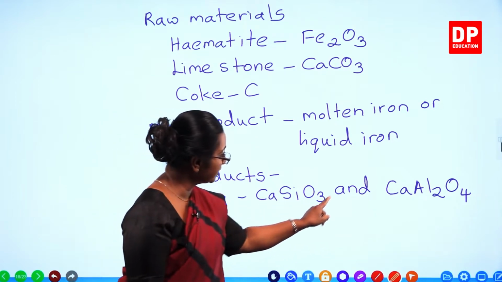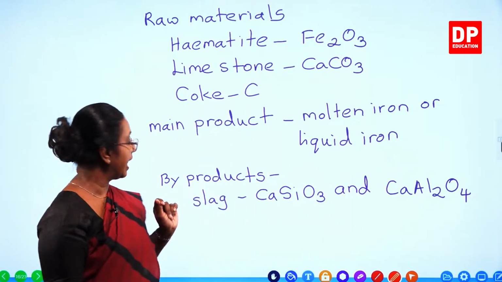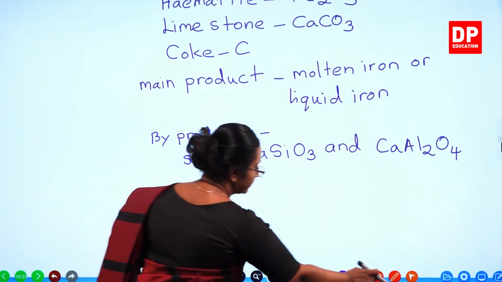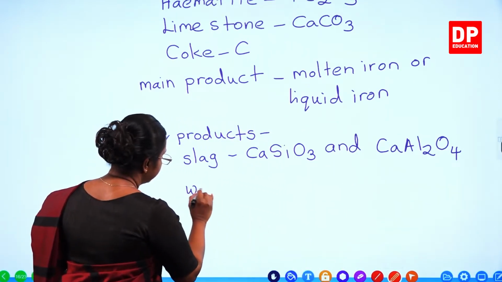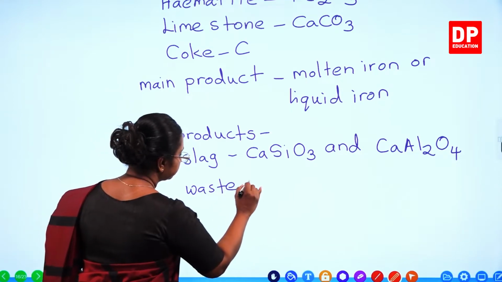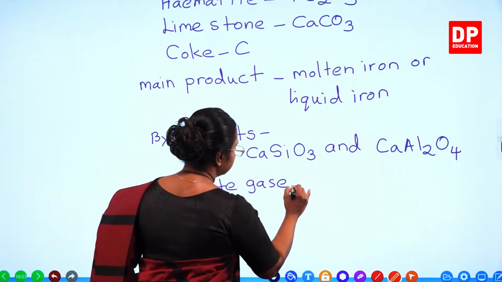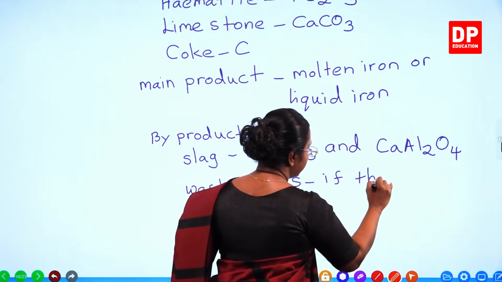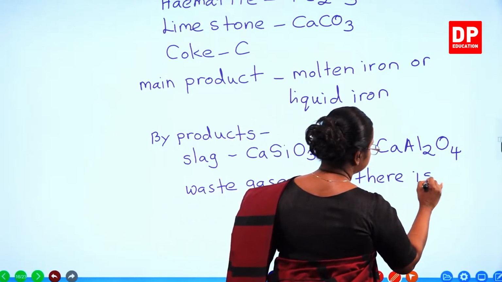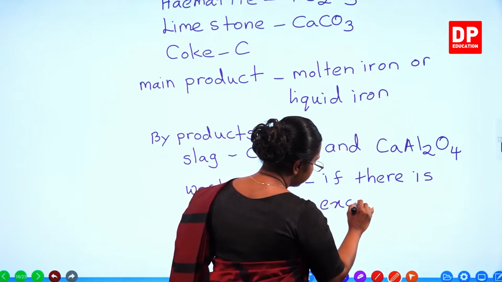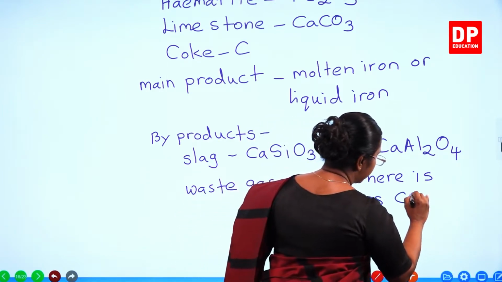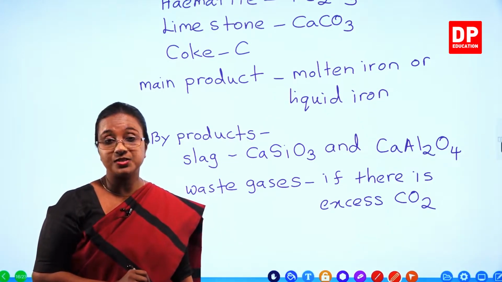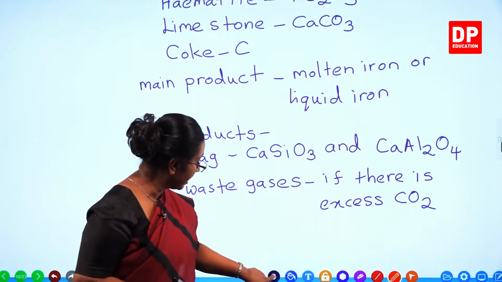This is calcium silicate and that is calcium aluminate. And also we can say waste gases. So if there is excess carbon dioxide, that can be released from the blast furnace. So those are the byproducts.